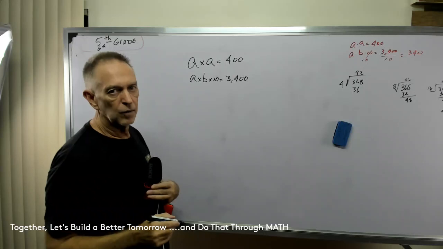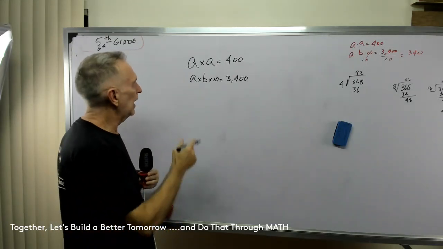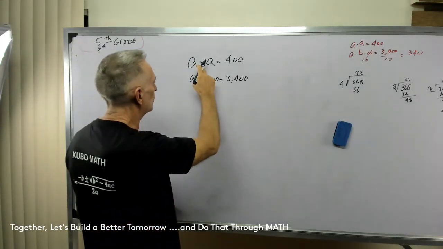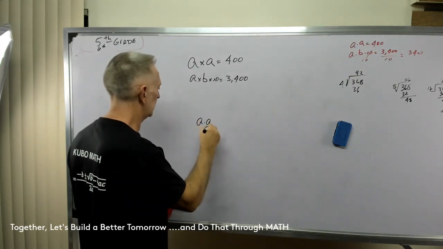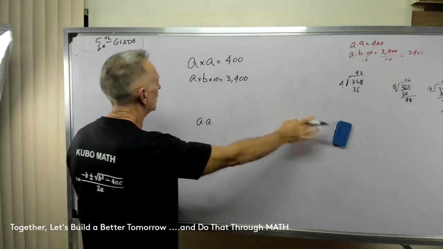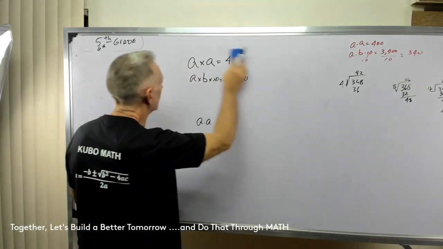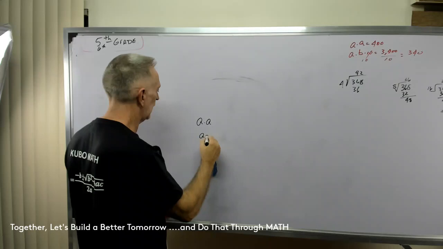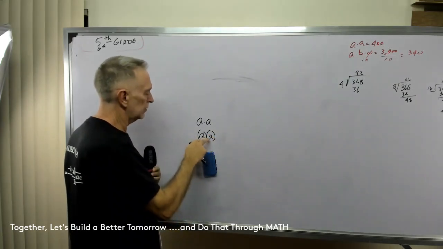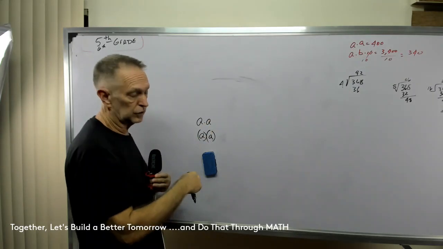Now, actually, I'm going to remove the X and put a dot. I'm going to put it like this, okay? And that kind of cleans it up. It's the same thing. Even in A times A, the dot's assumed, the X is assumed, okay?